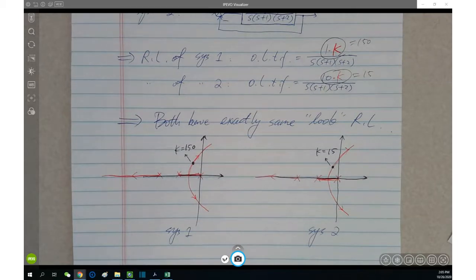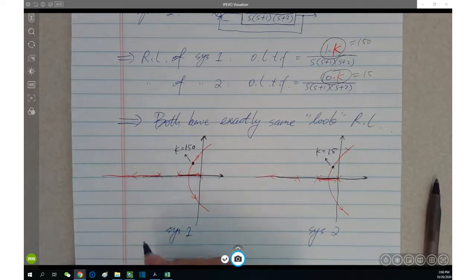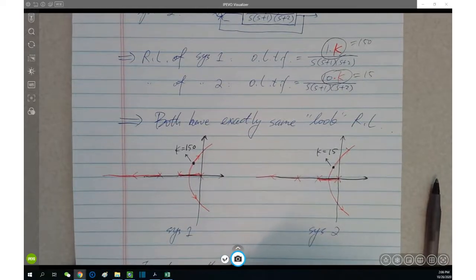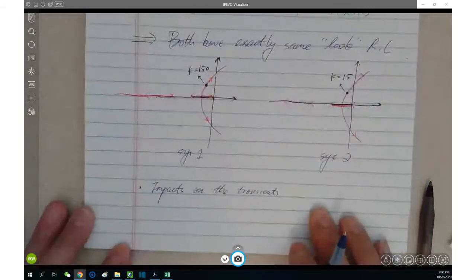And now let's take a look at one more thing: the impact on the transient. Let's see an example here.